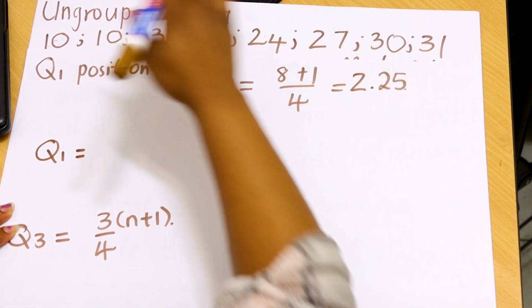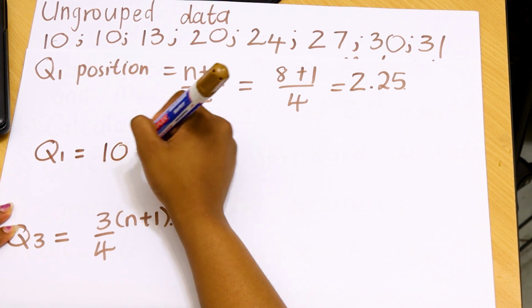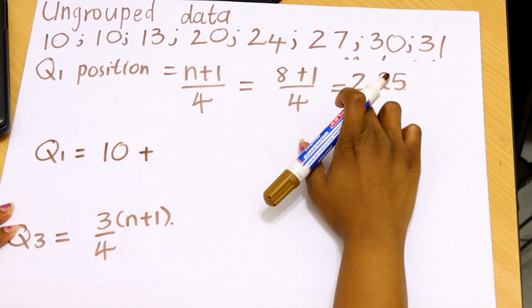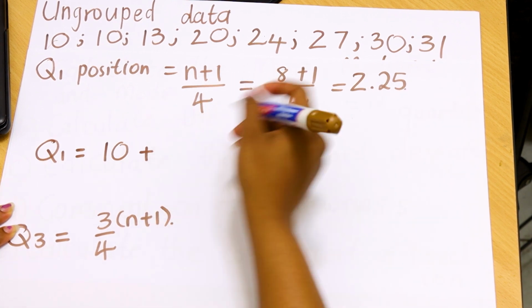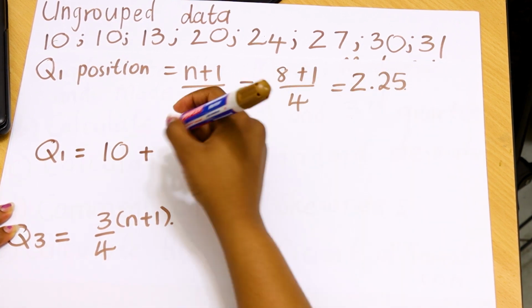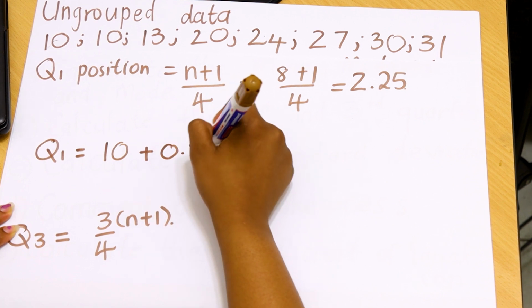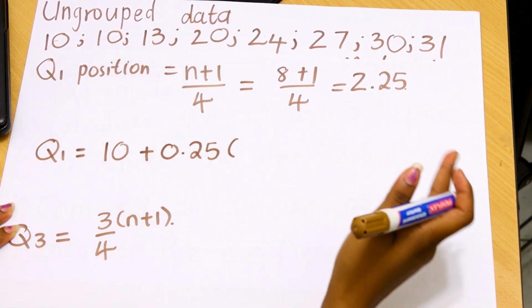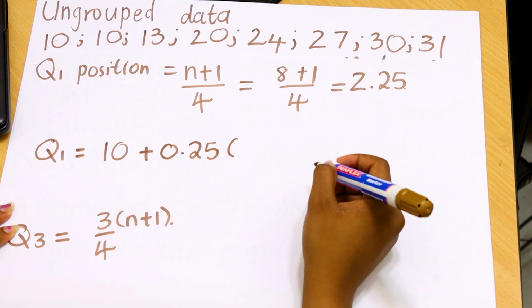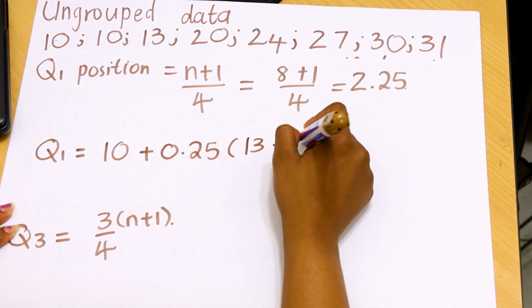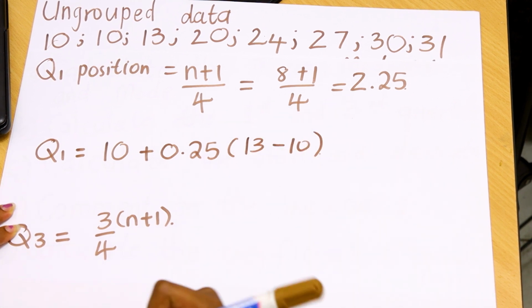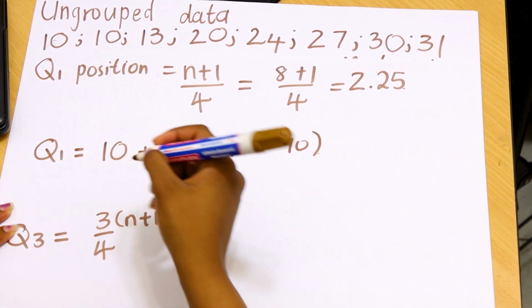Then it means you should go to the second position, which we have 10, plus, as you can see here, we have 2.25. So that's 0.25. We're going to write it here, 0.25. And then you go to the number next to our Q1, next to the second position, which is 13, minus the number on the second position.